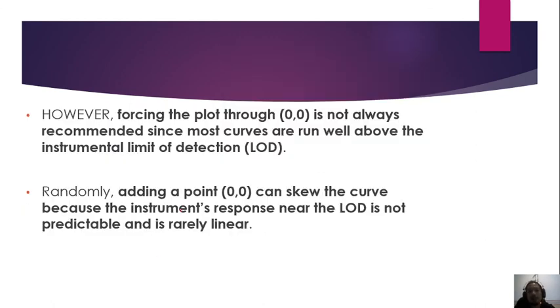However, forcing the plot through 0, 0 is not always recommended since the curve are run well above the instrumental limit of detection or LOD. Randomly adding a point 0, 0 can skew the curve because the instrument response near the LOD or limit of detection is not predictable and is rarely linear.